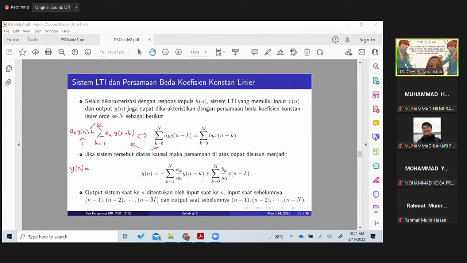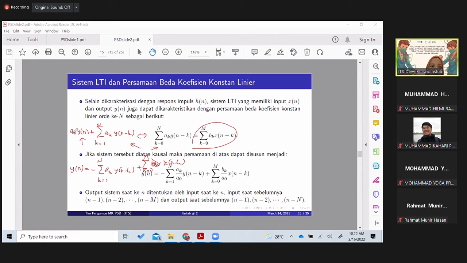Because it changes sides, you will get exactly the equation as the second one here, plus this part, the sum of bk x[n minus k].